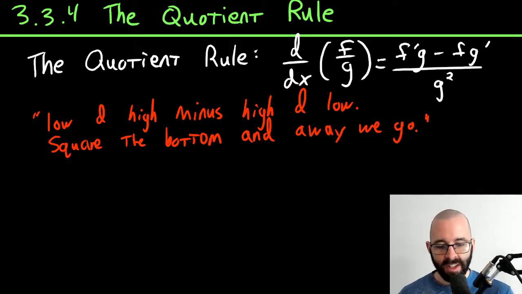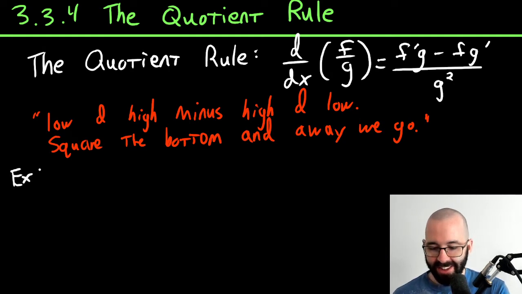So this correlates: low is the denominator, high is the numerator, and d just means derivative. So low, d high (f prime is the derivative of the high function), minus high, d low, square the bottom, and away we go. I'll be saying that a lot when we do these problems.